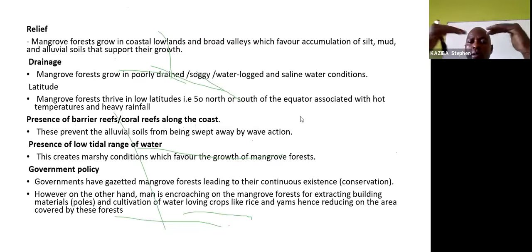When you say saturated, it means there is some bit of moisture. The air that is rising has moisture, whereas the other one is dry. Are you together? This one is dry and that one is moist. So that's the difference, but they are almost the same. Ask more questions.